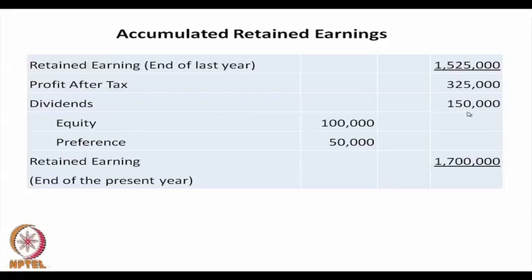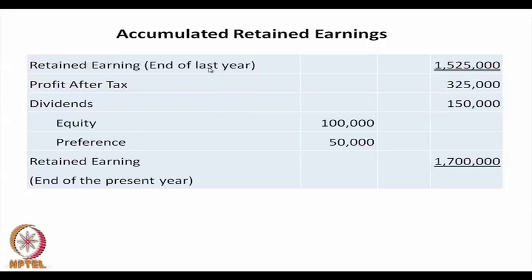Now, if we subtract 150,000 rupees from profit after tax, 325 minus 150 is 175. 175,000 rupees is actually the earnings for the company that is retained in this year.